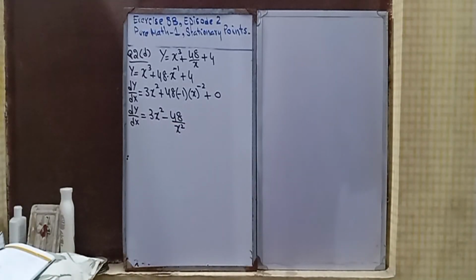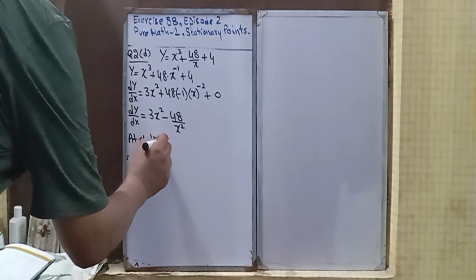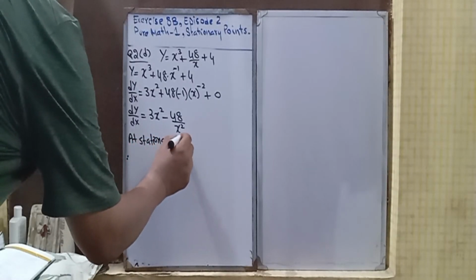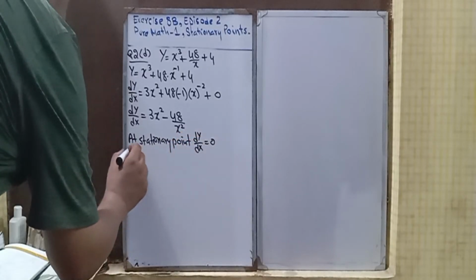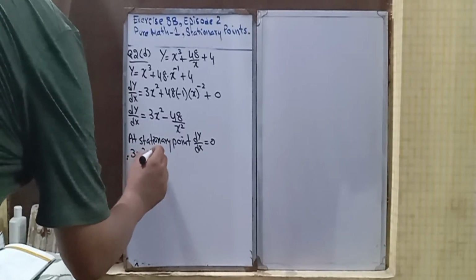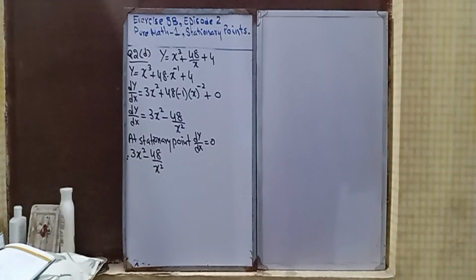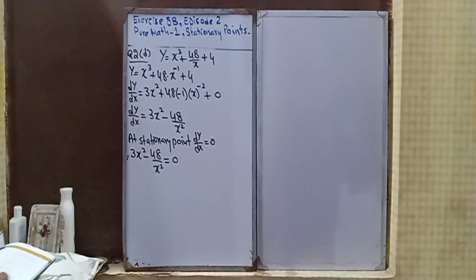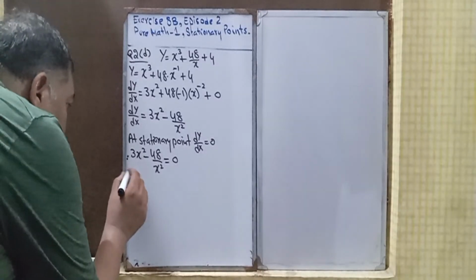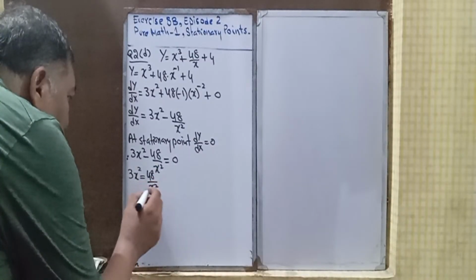Now, at a stationary point, dy by dx equals 0. So you will have 3x square minus 48 divided by x square equals 0. Now I will take this to the other side. So you will have 3x square equals 48 divided by x square.